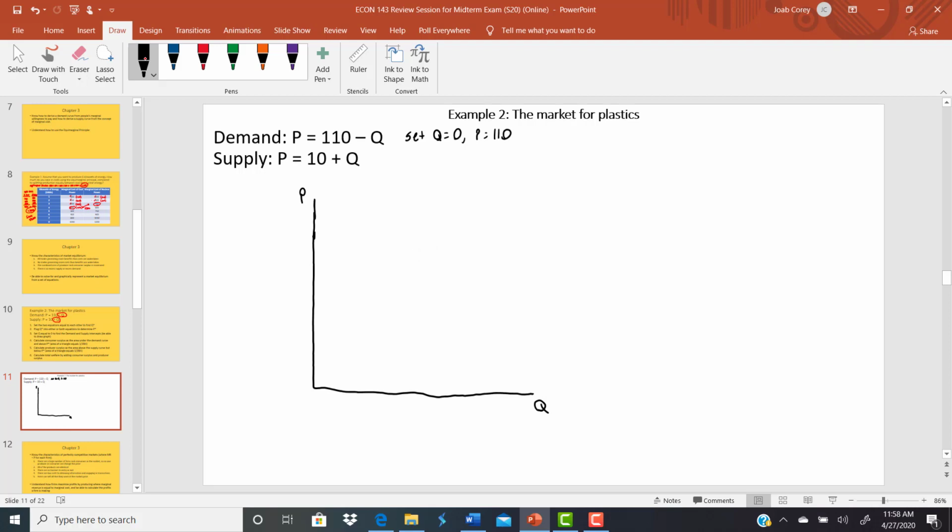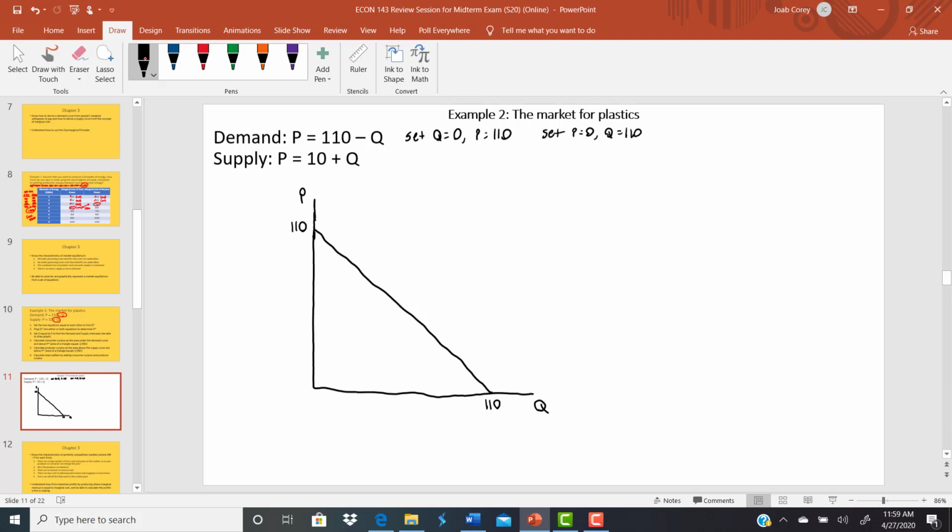So again, we're going to have a demand curve that looks something like this. We got 110 here. We also find out where it hits the x-axis by setting P equal to 0. And once again, our Q is going to equal 110. So that's where we're going to hit this x-axis here, right?